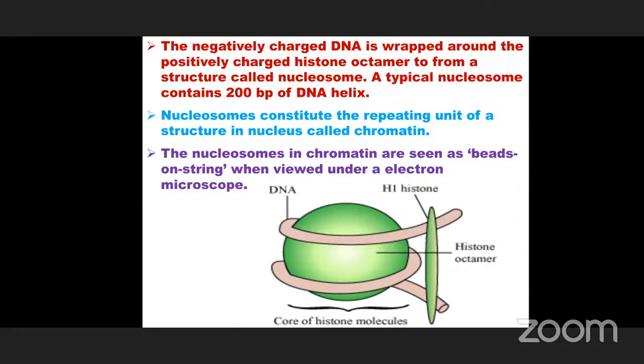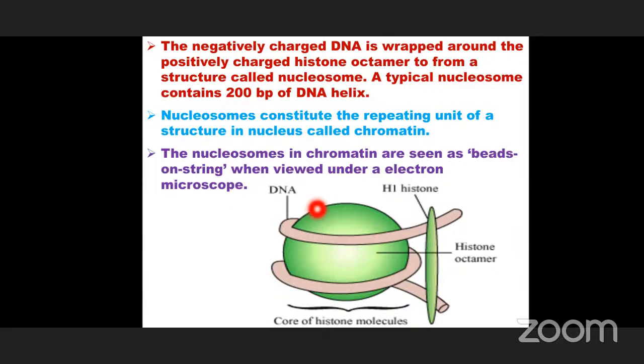Okay, so this chromatin at the time of cell division, it is nothing but mitosis or meiosis. Mitosis takes place in the vegetative or somatic cells. Meiosis takes place in the diploid reproductive cells. It results in the formation of gametes, male and female gametes.